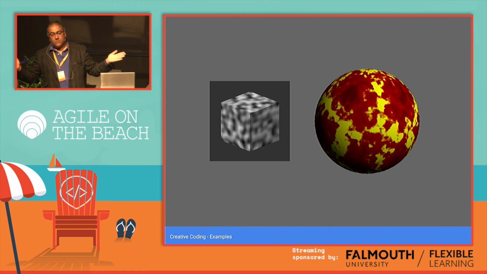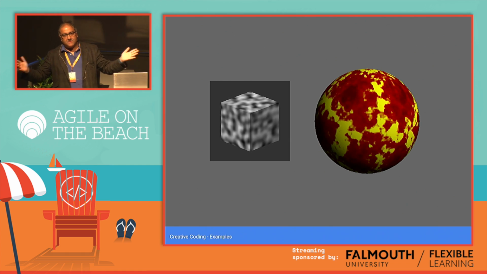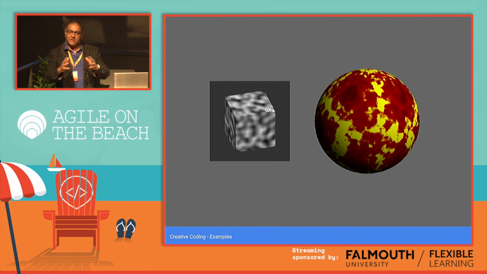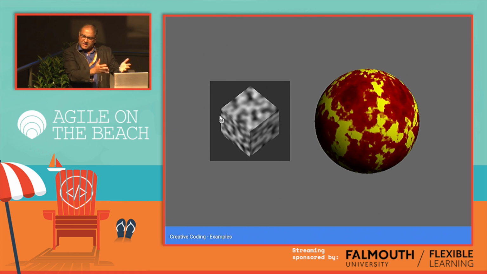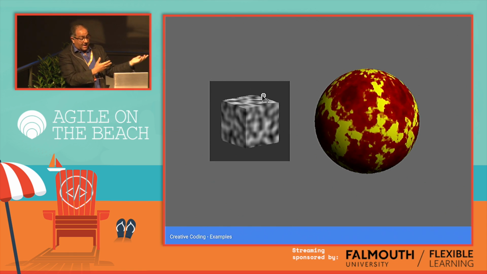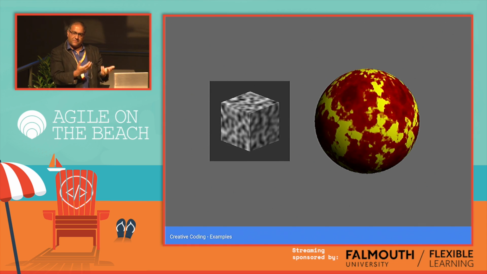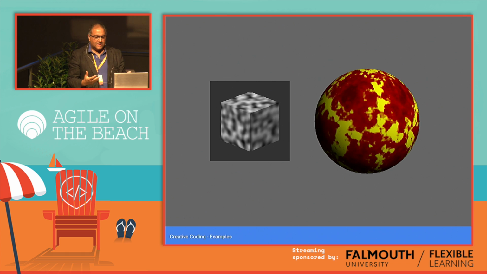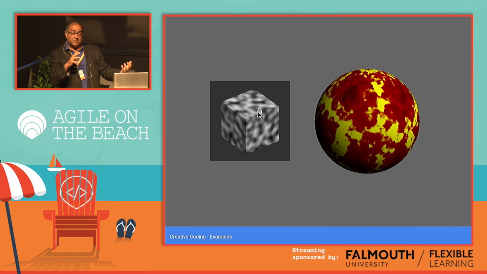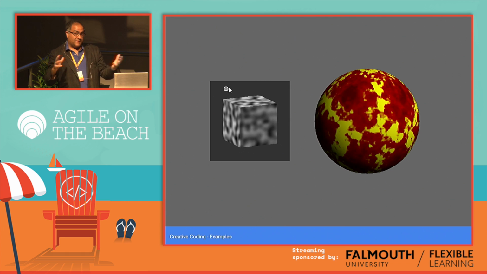There's a huge amount we could cover in terms of what we mean by creative coding and algorithmic art, and I've had to just pick out a few examples. Here is somebody exploring the concept of randomness, so not pure randomness, a randomness called Perlin noise, which is actually really useful in a range of industries.